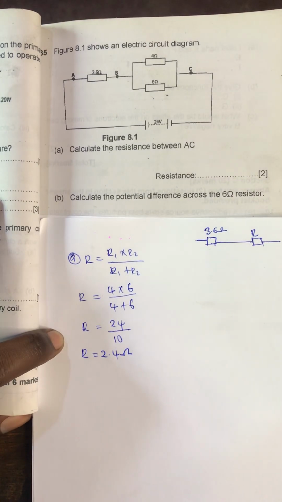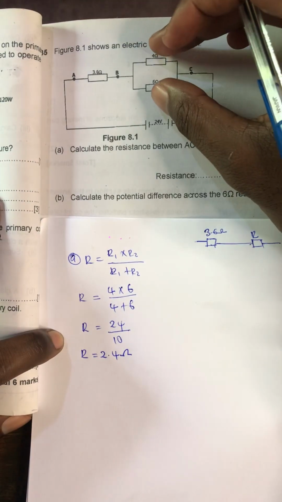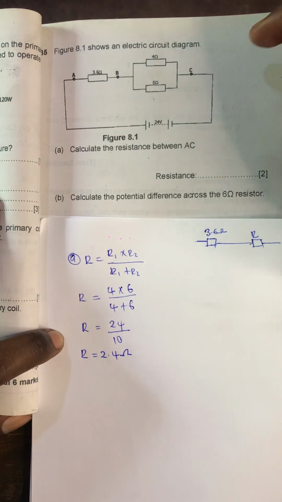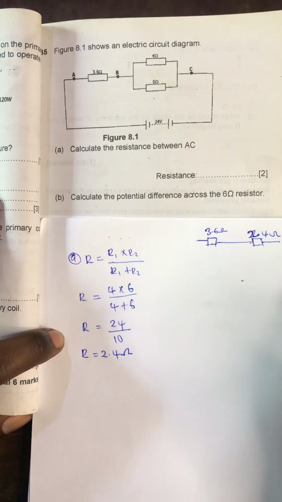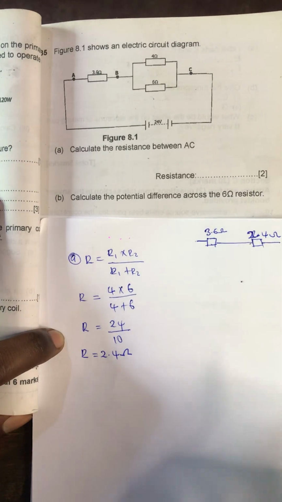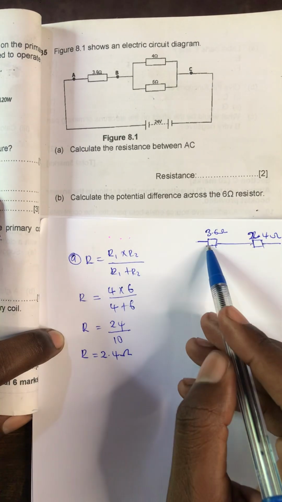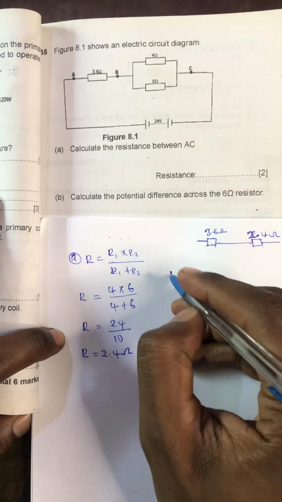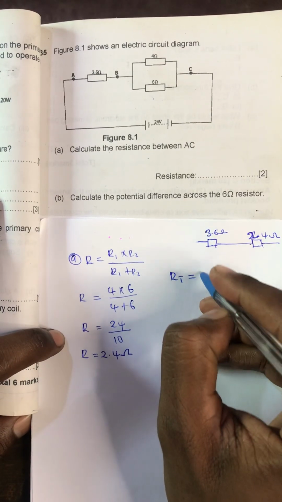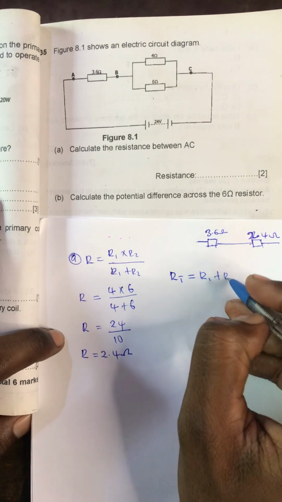Now this is not the final answer. It means these two have got a total of 2.4 ohms. So to now get the final answer, we just add these two. We are going to say the total resistance R will be equal to R1 plus R2.